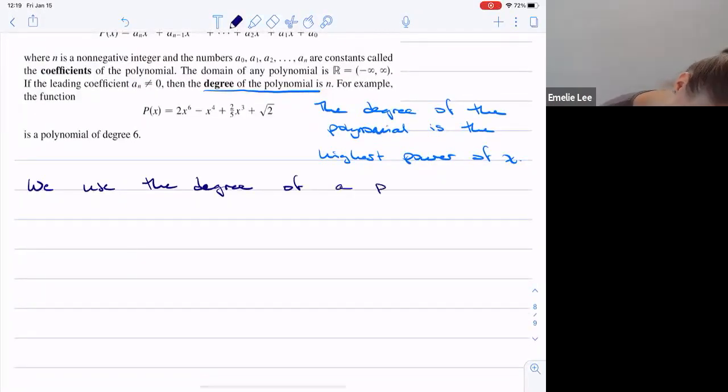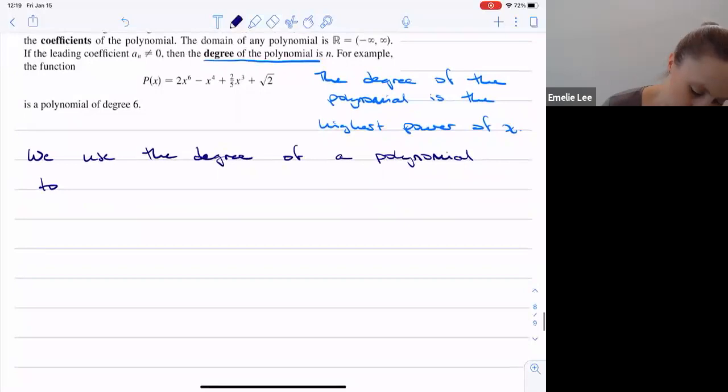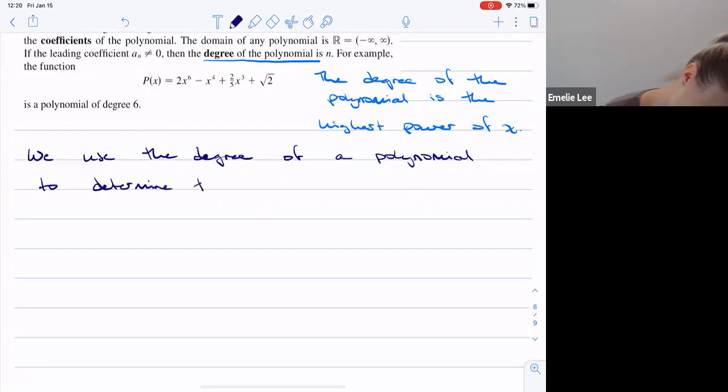So we use the degree of a polynomial to, I'll say determine, but it's not really sure, to determine the overall end behavior.